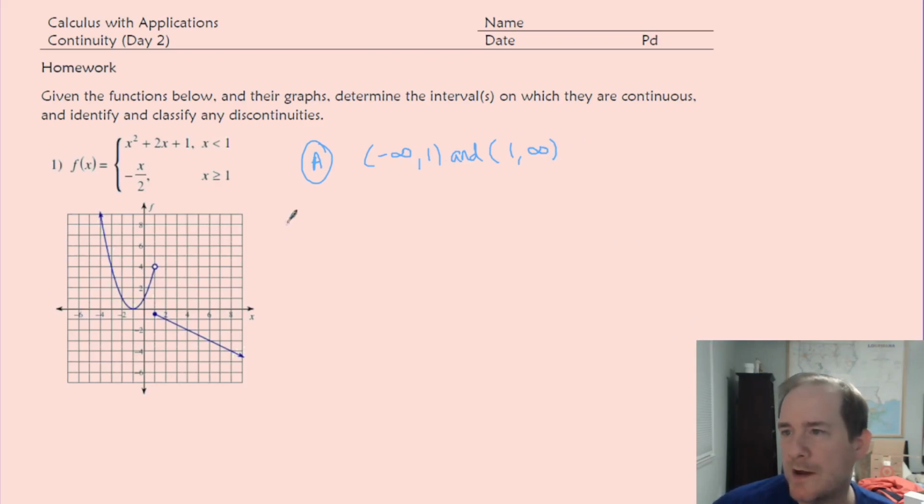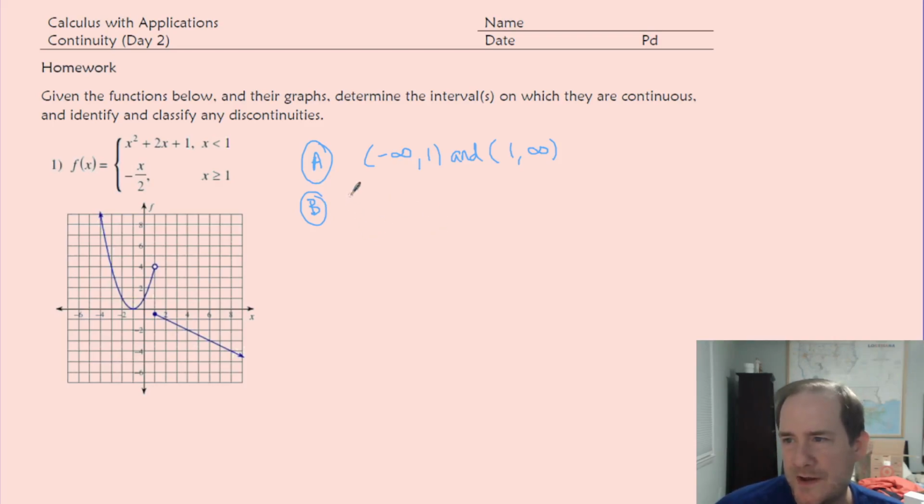Okay. B, we can see that we have a discontinuity at 1, and it's a jump discontinuity. I don't like this 3-part thing. I'm starting to like part B to just be everything: name it, classify it, justify it, all in one fell swoop.